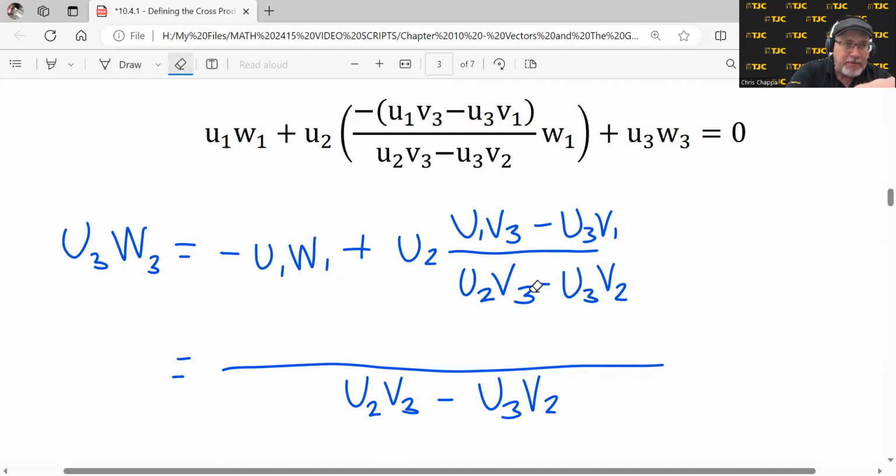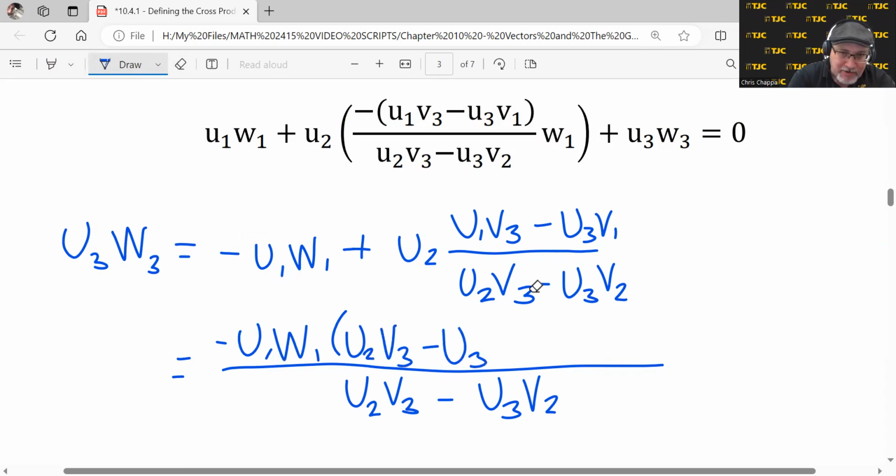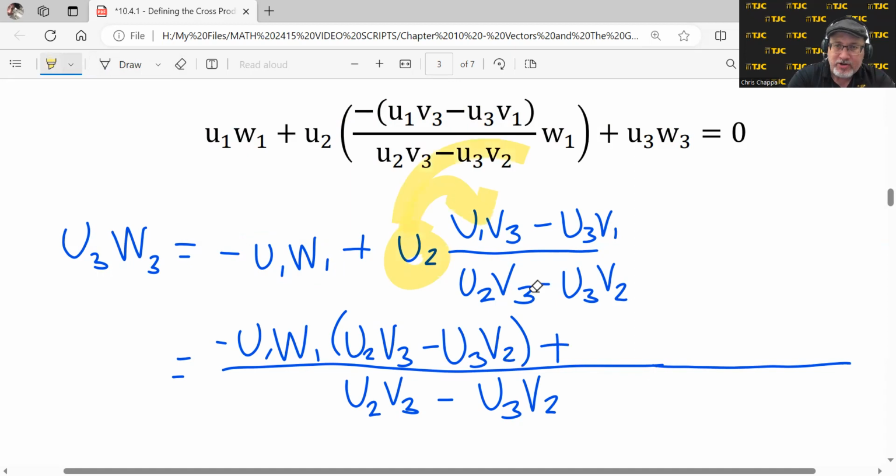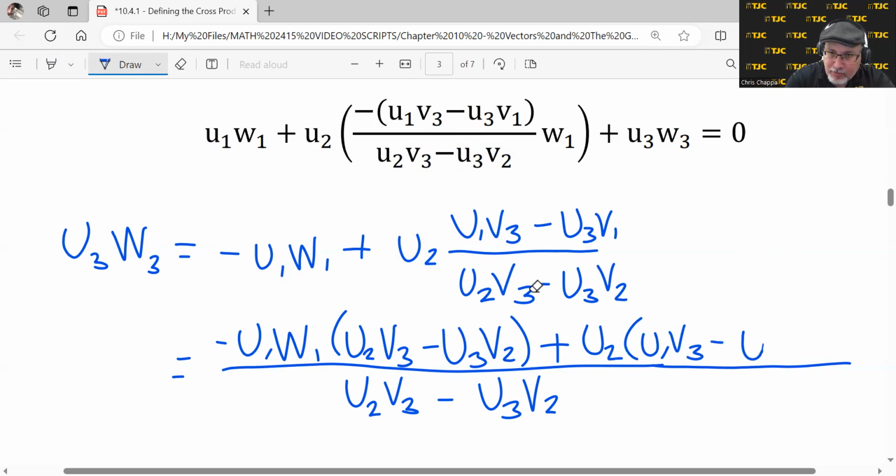And so we will pick up negative U1 W1 times the denominator, U2 V3 minus U3 V2, and then plus the numerator of the second fraction, which already has the common denominator, except the second fraction has this U2 in front of it, and it's going to go up here and distribute across the two terms in the numerator. We'll do that in a moment. For now, let's just put everything on the top. So we'll have plus U2 times U1 V3 minus U3 V1.